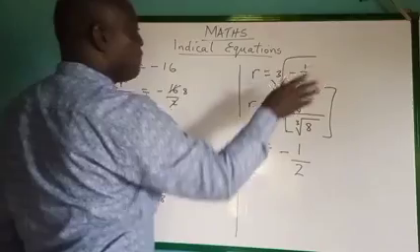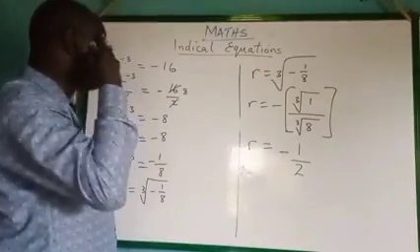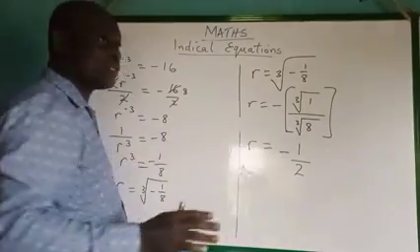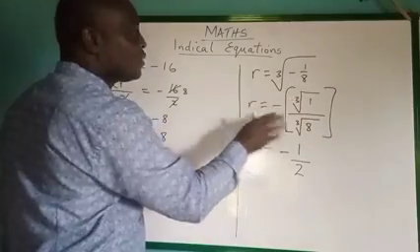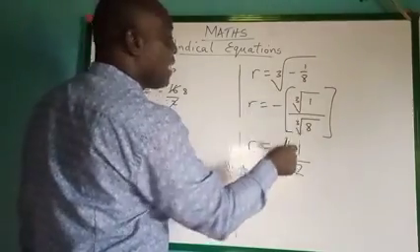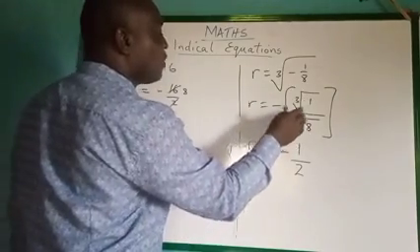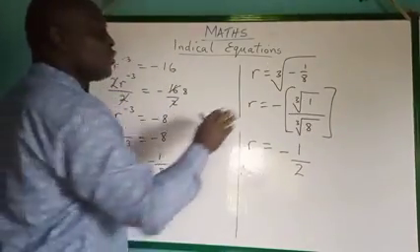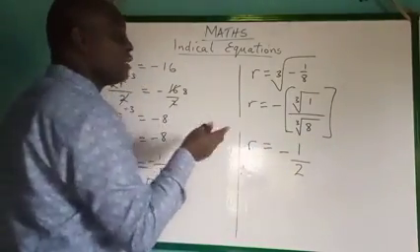I can separate them so that you understand. I did this for your understanding. Not that if you are an expert in solving this question, you cannot move from this stage to this stage. I separated them so that you know how I got 1 as root 3 of 1 and 2 as root 3 of 8. So I separated them using the indices law that we studied before.